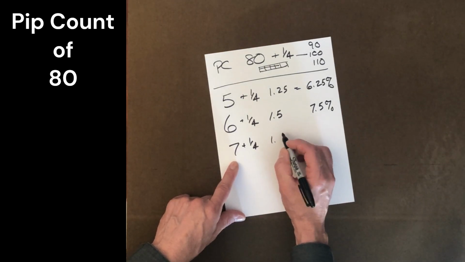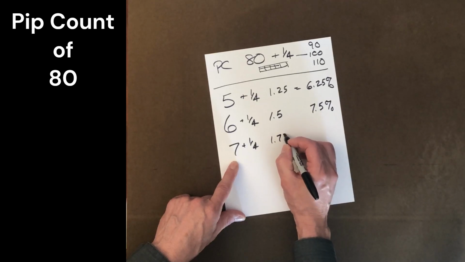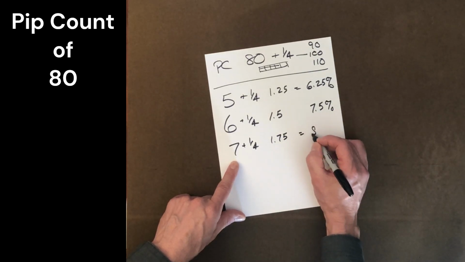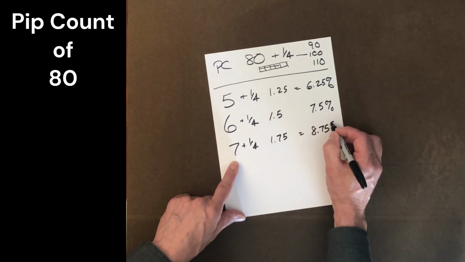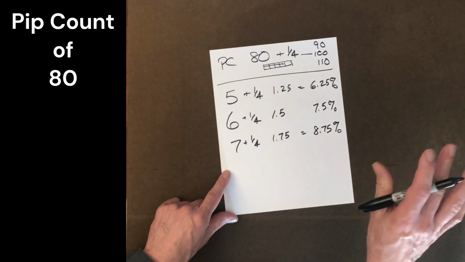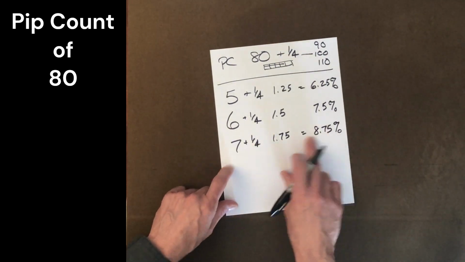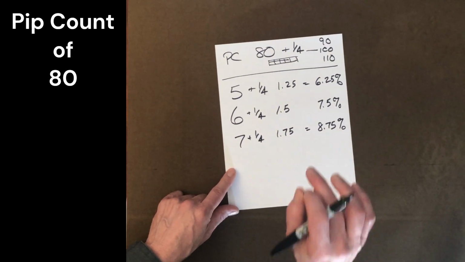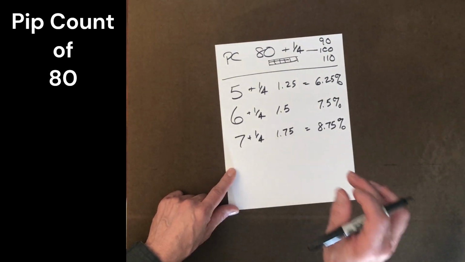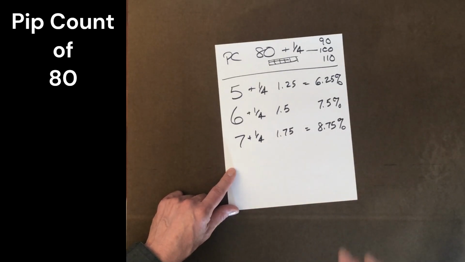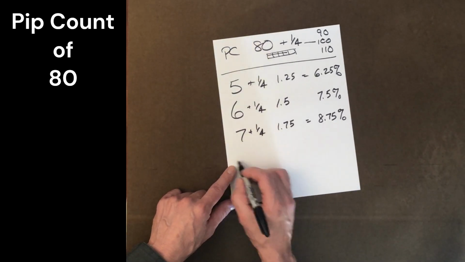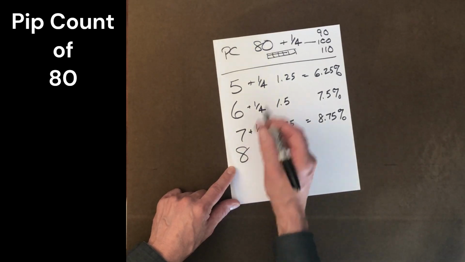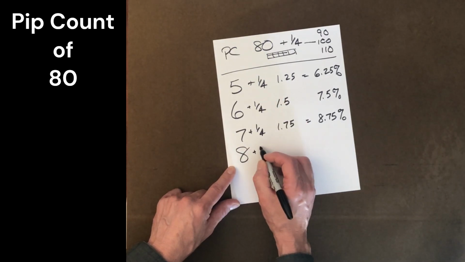So 1.75? 8.75. Is that right? I'm not even going to take the time to double check. It's well over 8. Again, these are quick approximations when you need them to be. If you want to take a few extra seconds to make sure it's spot on, you can do that.